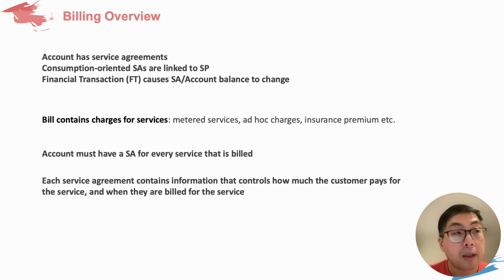So the metadata of service agreement, which is service agreement type, defines the behavior of a service agreement. So we will talk more on service agreement type to help you to understand what kind of property it defines.